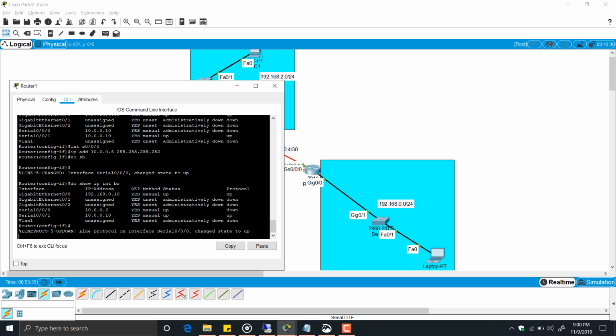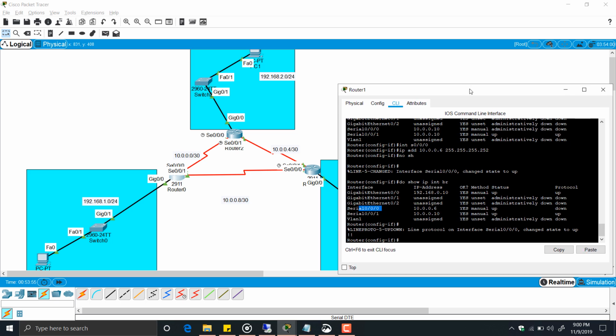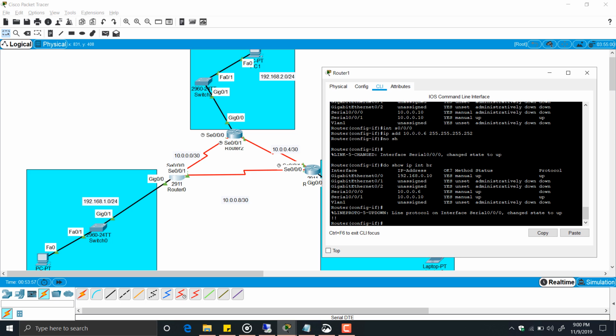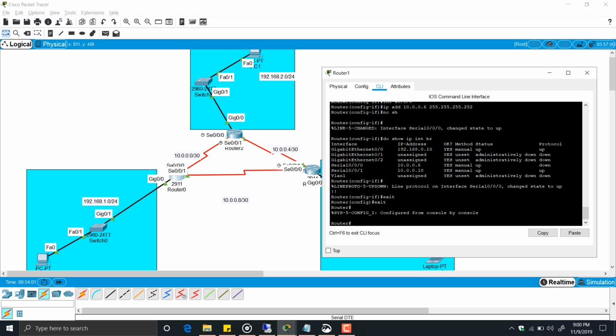So let's see if I made some mistake. Okay, so the problem was in this router. These IPs were the .6 were in the serial 1 and the .10 were in the serial 0. So I just switch it and now it all works. So to prove it, we are going to ping both of the routers to see if we have communication.